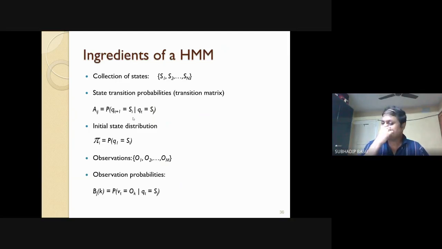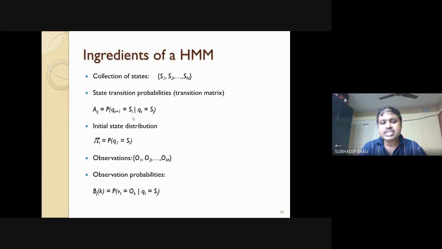Similarly, we have the initial state distribution, that is, what is the situation of the initial state. Suppose you are predicting for the whole month of say September, and on the first day of September, what is the probability of it being rainy or something?